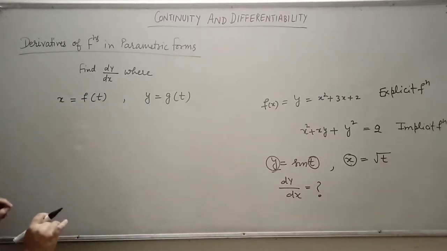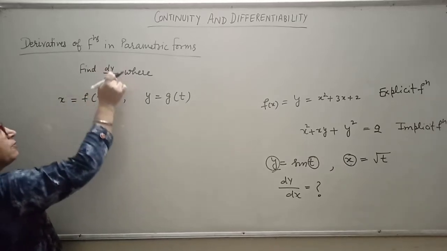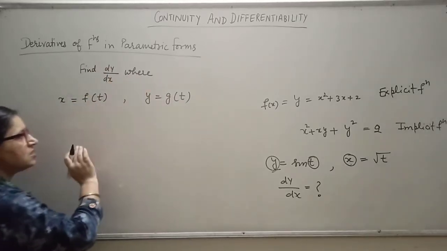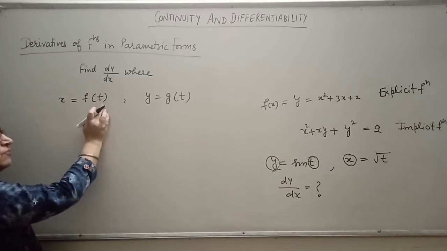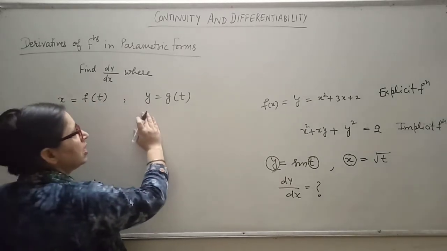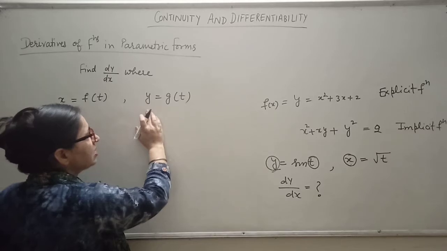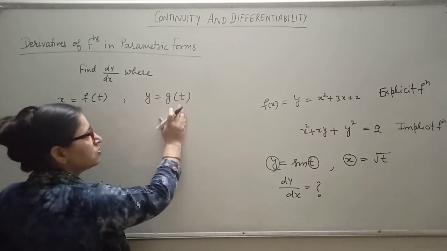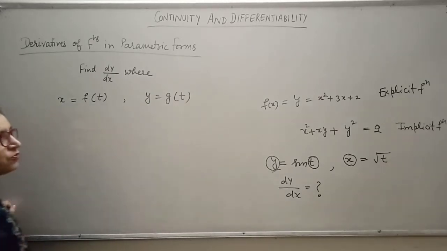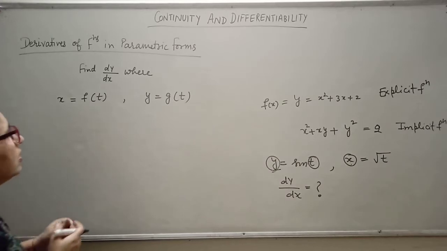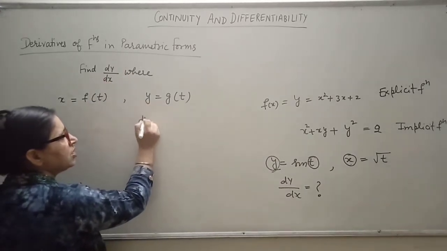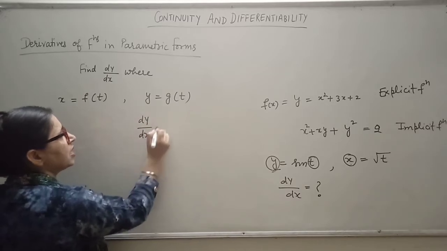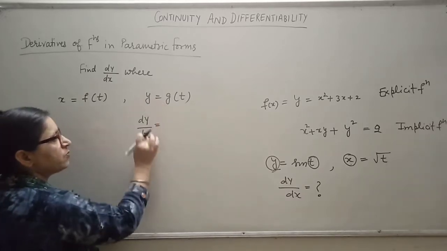Look here, we are to find dy by dx where y is given in terms of t and x is also a function in terms of t. If I want to find dy by dx, I want to differentiate y with respect to x.